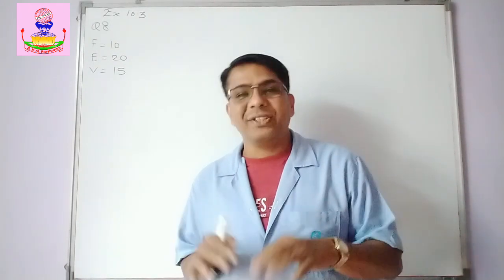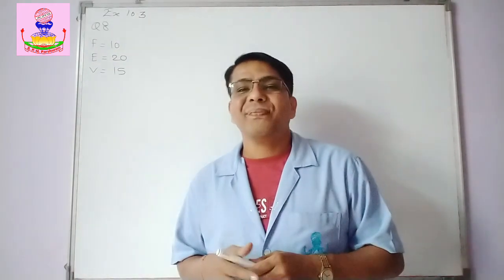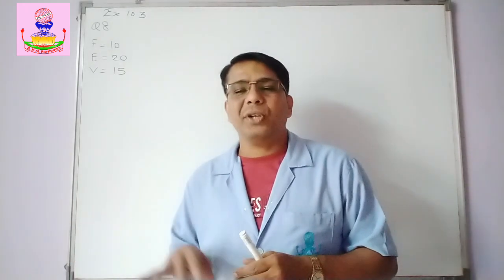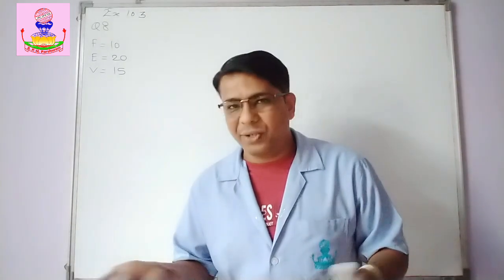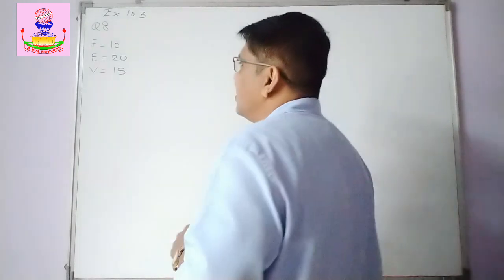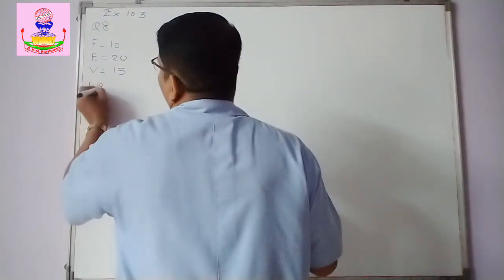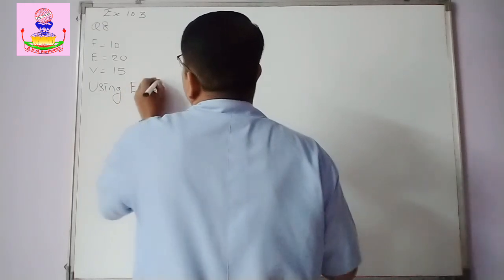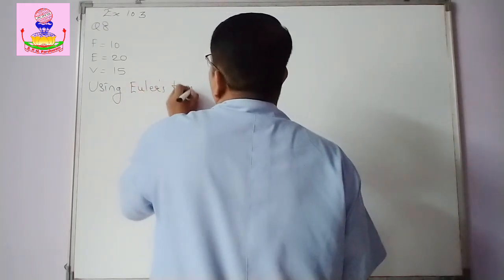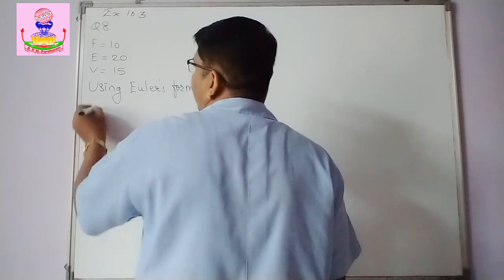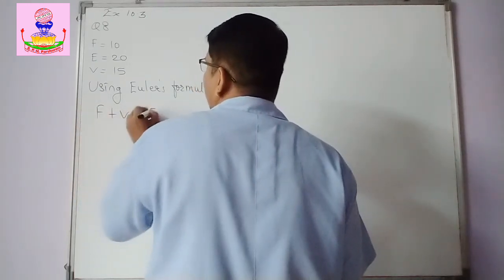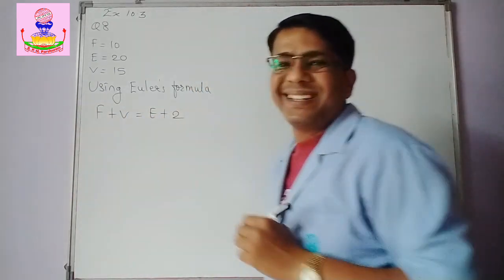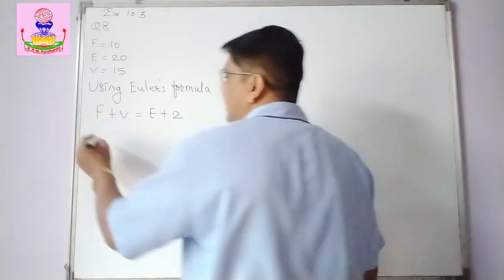If it is so, then it can have. If it is not so, then it cannot have. So let us do it. Using Euler's formula, what is Euler's formula? Oh yes, F plus V is equal to E plus 2.